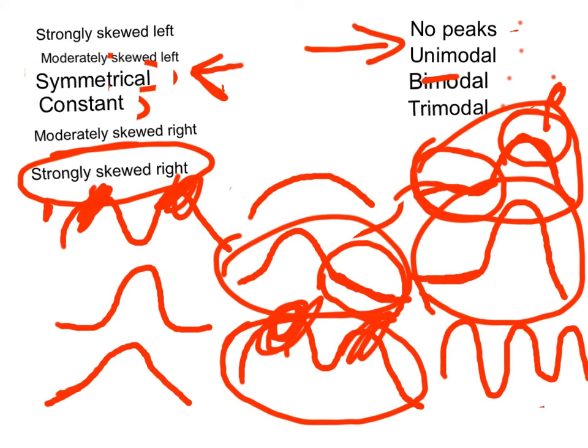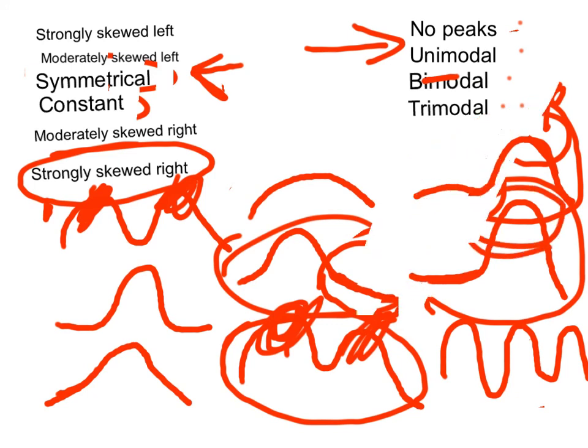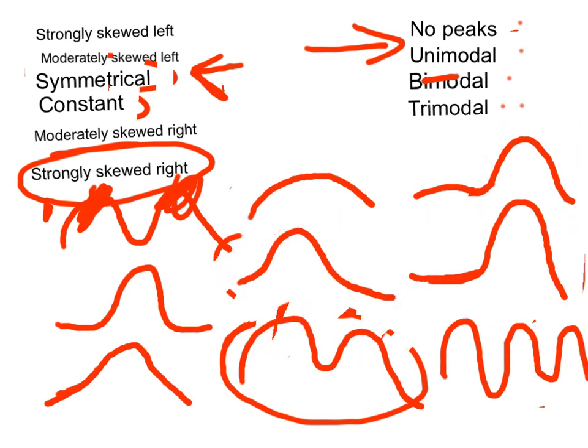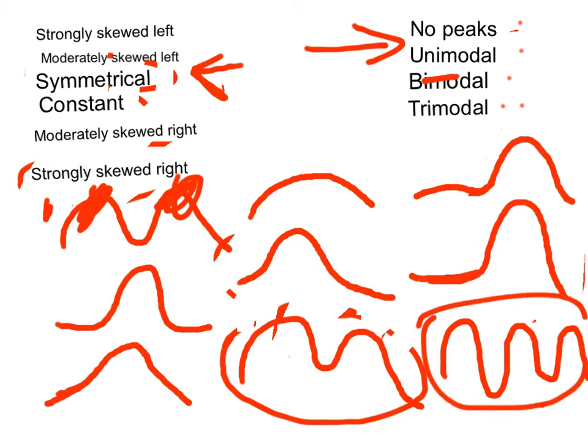And the one under it is also unimodal because it has one hump. And the one under it doesn't have any skewness to it, and so that one is just trimodal. And that concludes question number 3 in lesson 1.3.